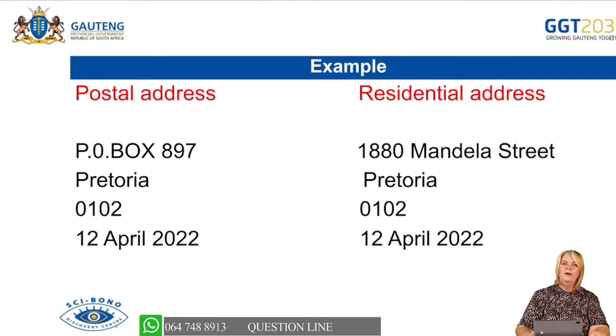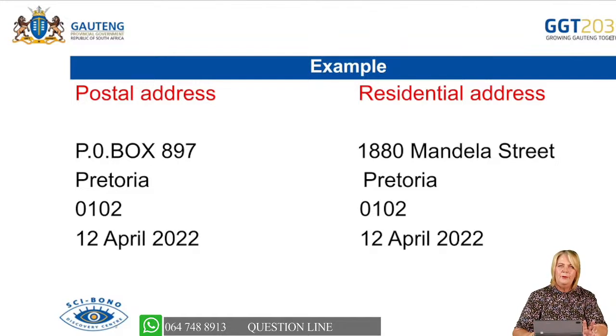So let's take a look at a postal address and a residential address. Right, so if you decide to use a postal address, and you are more than welcome to do that, P.O. Box 897, Pretoria 0001, that is your area code, and then the date.